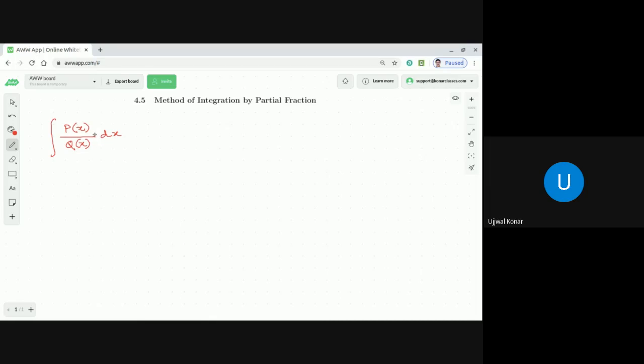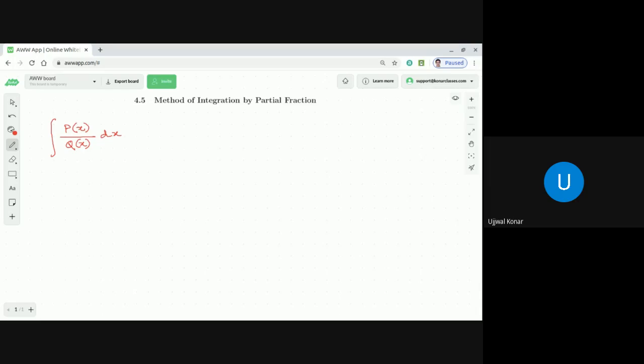That means p(x) could be a polynomial function of degree 2 and q(x) a polynomial function of degree 3, or p(x) of degree 1 and q(x) of degree 3 or 2, whatever. Or it could be the other way also: p(x) could be a polynomial of degree 2 and q(x) a polynomial of degree 1. That is also possible.